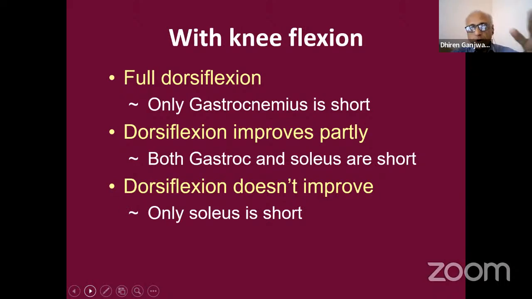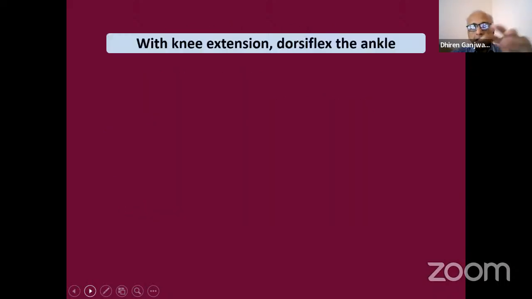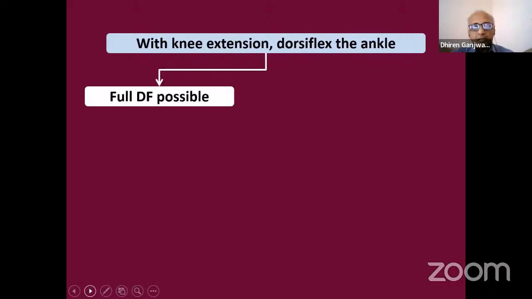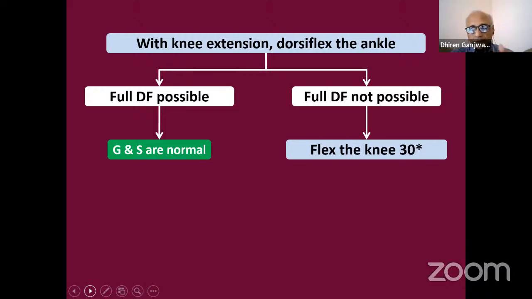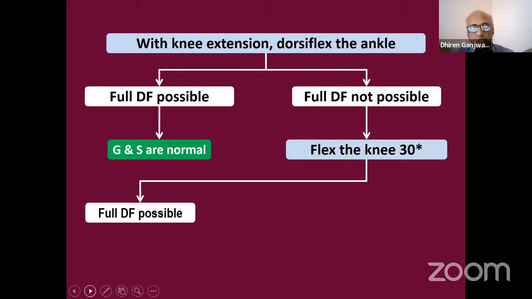So just to put all these things in a simple algorithm: with knee extension, we carry out dorsiflexion at the ankle. If full dorsiflexion is possible, then both muscles are normal. If full dorsiflexion is not possible, then the next step is to flex the knee. If full dorsiflexion is then possible, it suggests that only the gastroc is responsible.